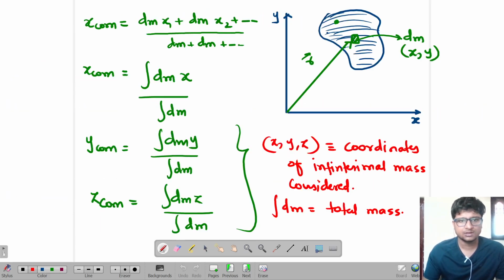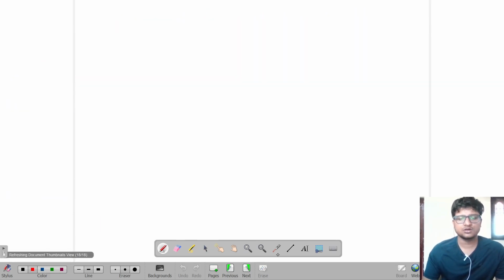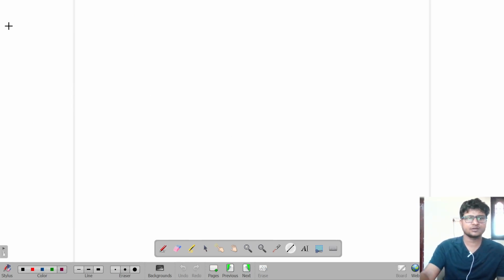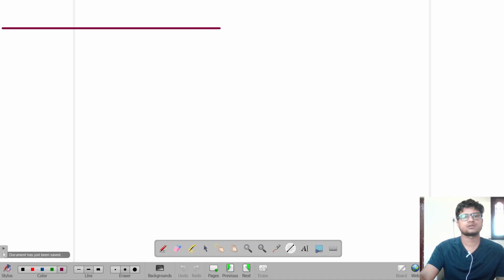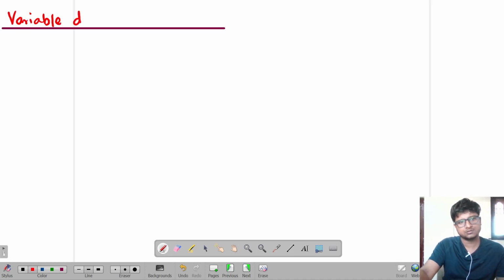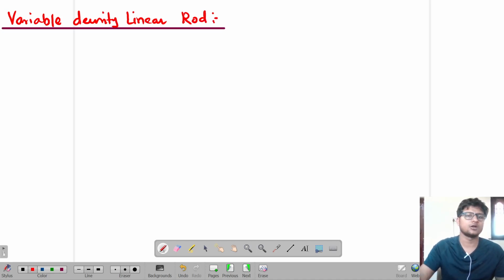Yes. But what if in the rod, the density starts to vary? So the first example we'll take is a variable density linear rod.